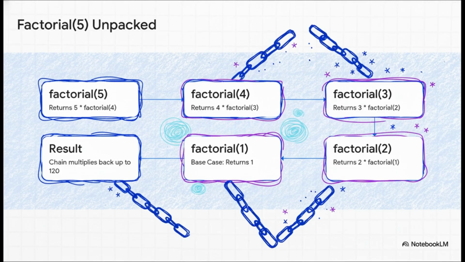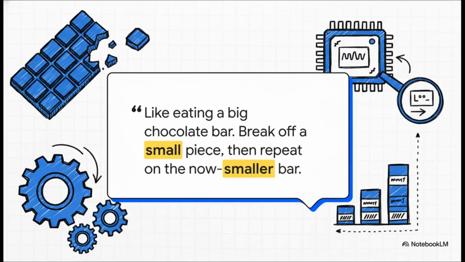Then the answers start multiplying their way back up the chain until we get our final answer of 120. Here's a good analogy. It's kind of like tackling a huge task by just repeatedly solving a smaller, identical version of that same task. You just keep breaking the problem down and down and down until it becomes so simple you can solve it instantly. And then you build the full solution back up from all those tiny, simple answers.